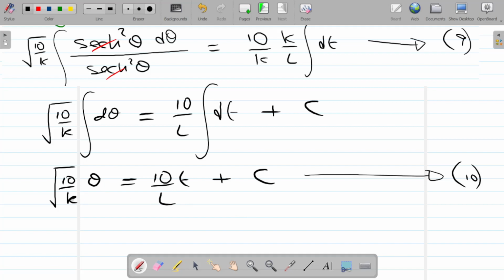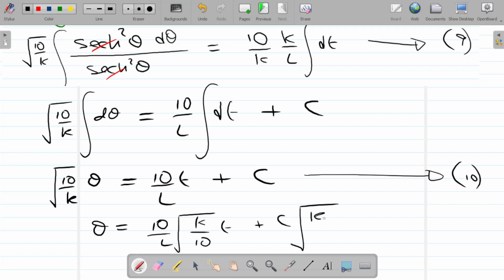Now we can multiply both sides of this equation by the root of k divided by 10 to give theta equals 10 over L times the root of k over 10 times t plus c times the root of k over 10. And we call that equation 11.